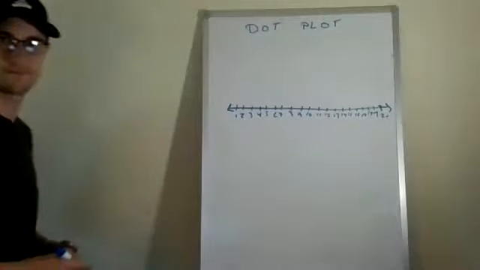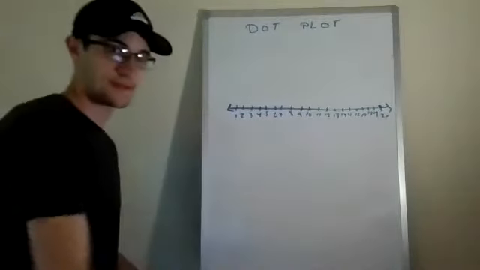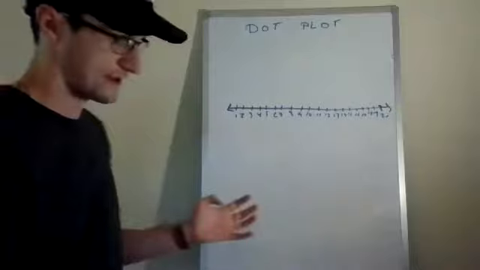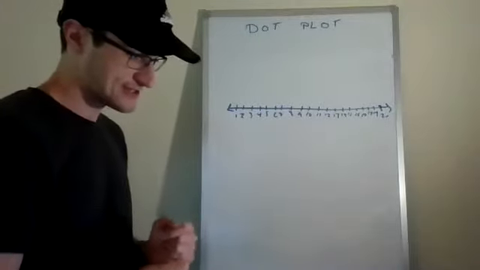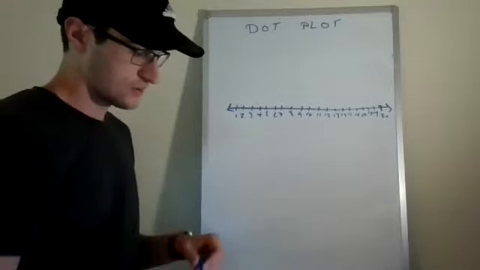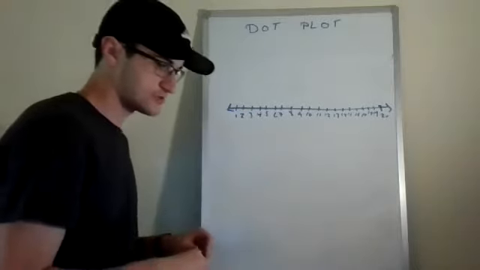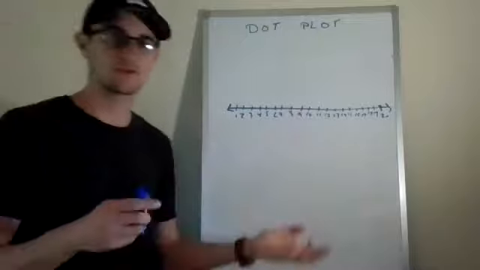It's the same one that's on the sheet, so I'm not making anything up here. You can see it a little cleaner on the sheet in front of you. What this says is a method of visually displaying the distribution of data.